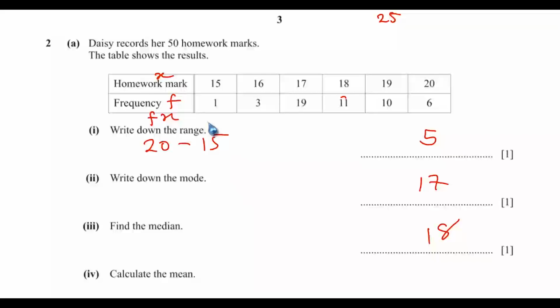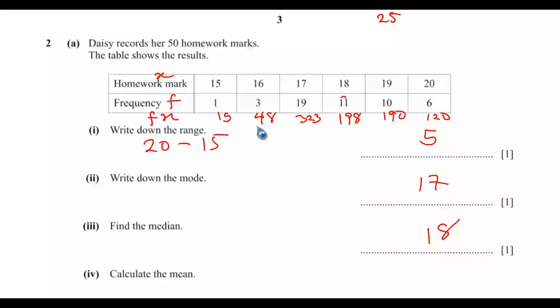So I can multiply 15 by 1, that will be 15. 16 by 3 will be 48. 17 by 19 will be 323. Then if you multiply 18 by 11, that will be 198. Then this will be 190, and this is 120.